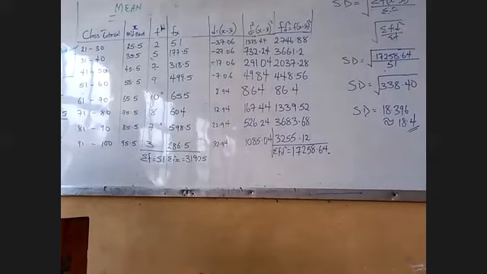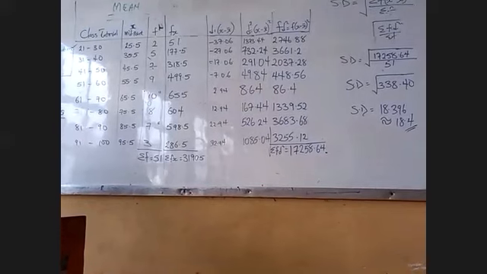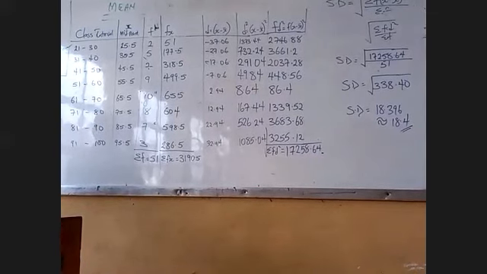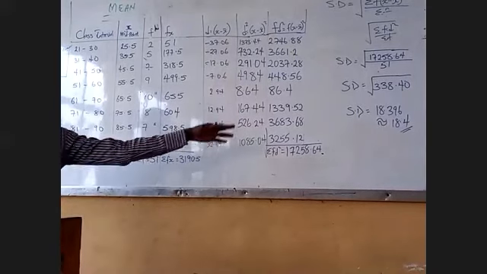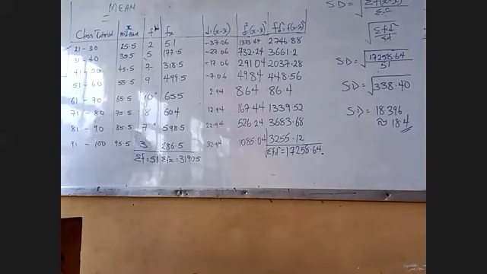The next one says we should find the variance, right? The coefficient of variation. I think everybody can do that. Variance is simply the square of your standard deviation, and that is all. Just square this answer, that's all. Variance is the square of standard deviation.